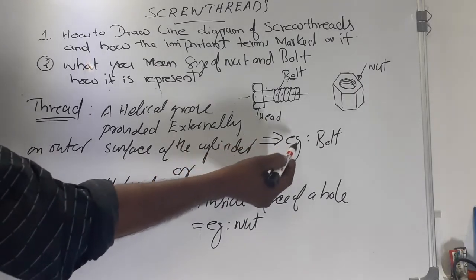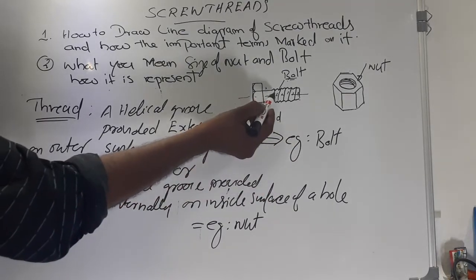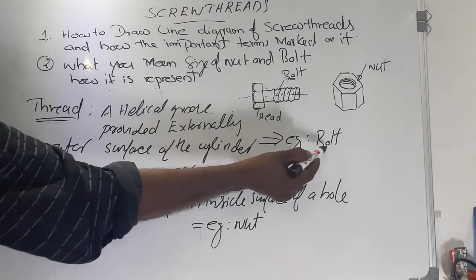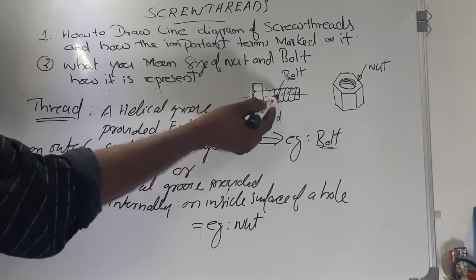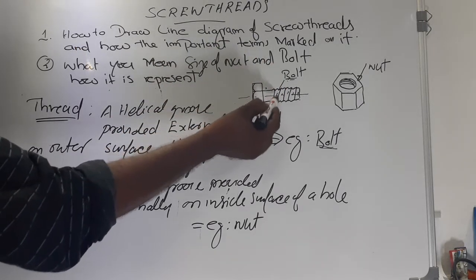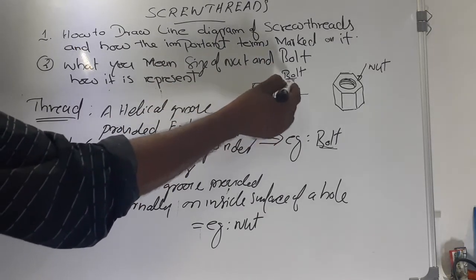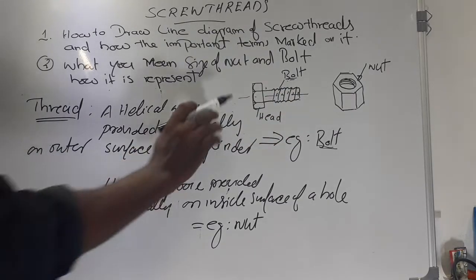We have an example here for external threads, which is mentioned here: bolt. This figure is an example of an external thread, that is called a bolt. Here grooves are provided externally at the outer surface of a plain cylinder.